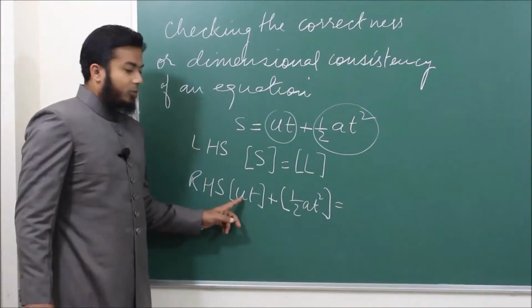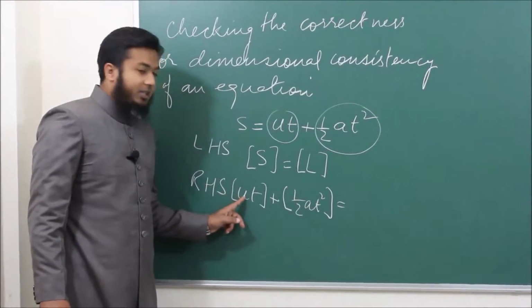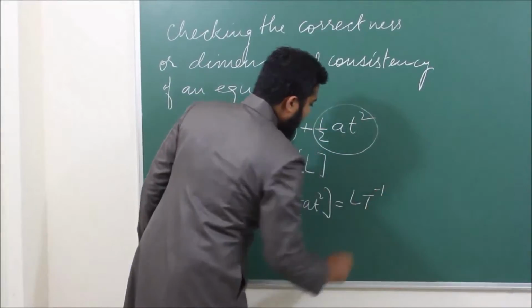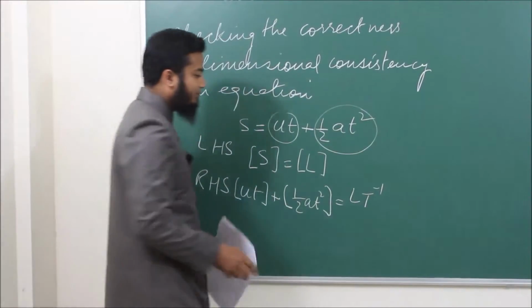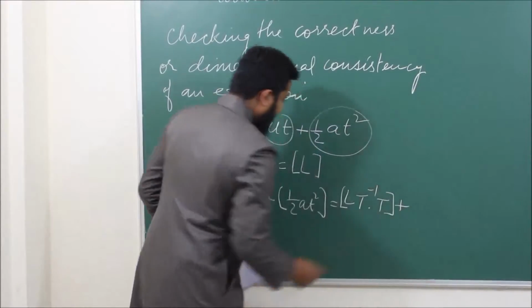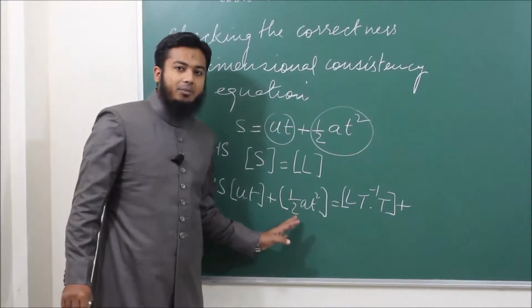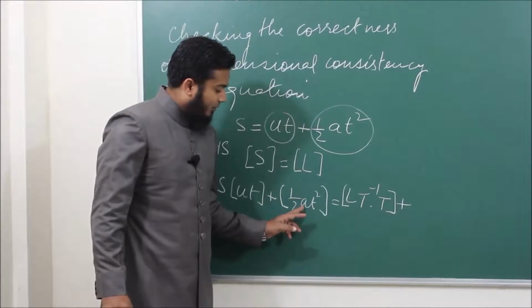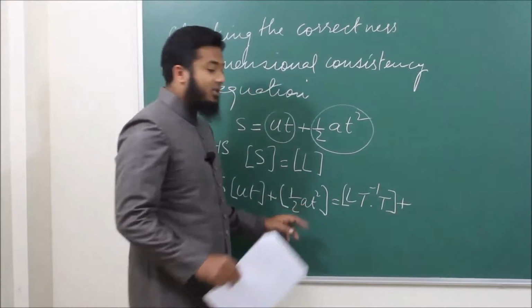The dimensional formula for speed, as we saw last time, is LT minus 1, and this T is time, so one more T. In the second part, half is a number which is dimensionless. It has no dimensions. So just the dimensional formula for A, which is LT minus 2.